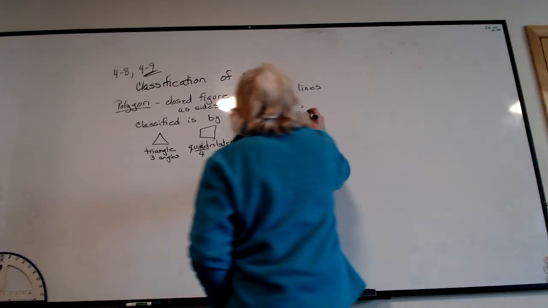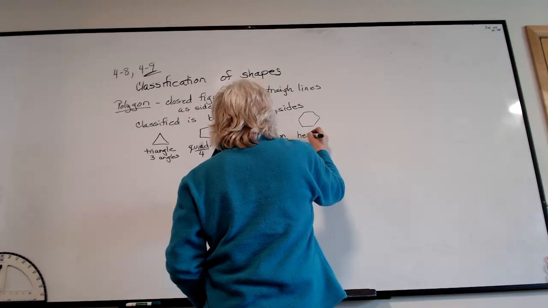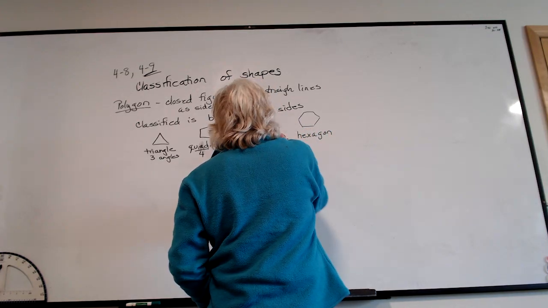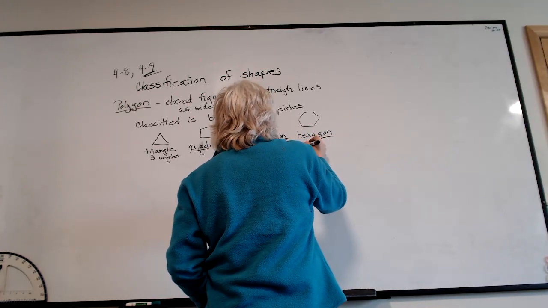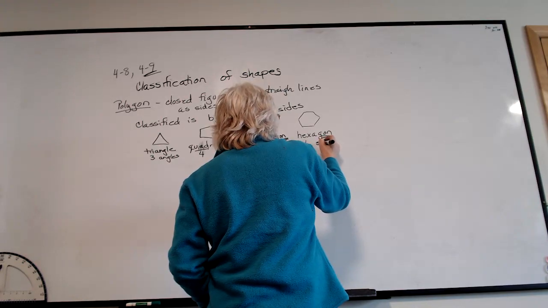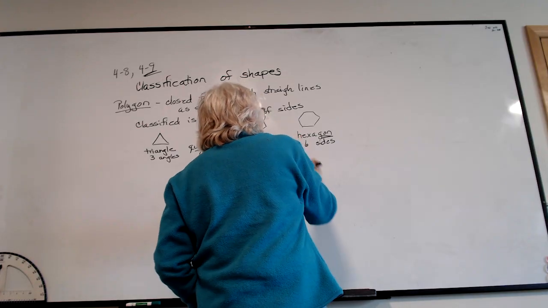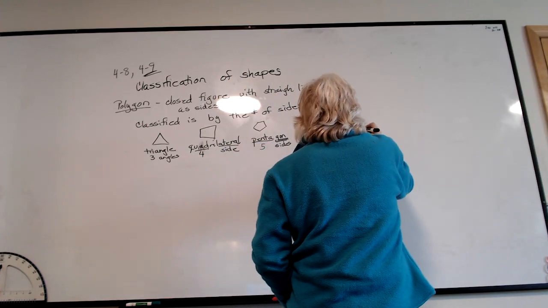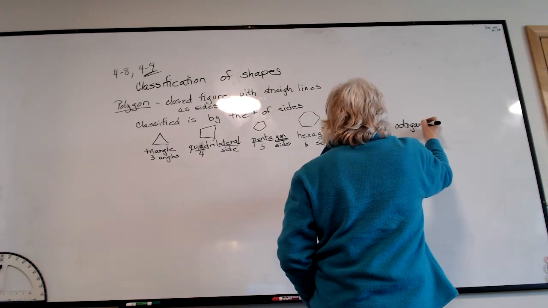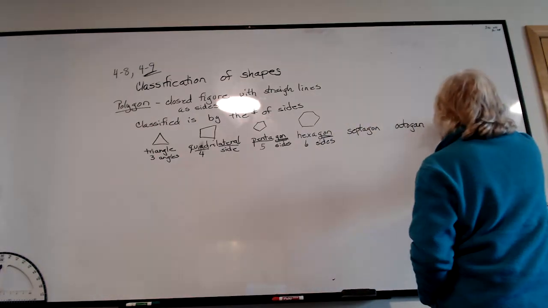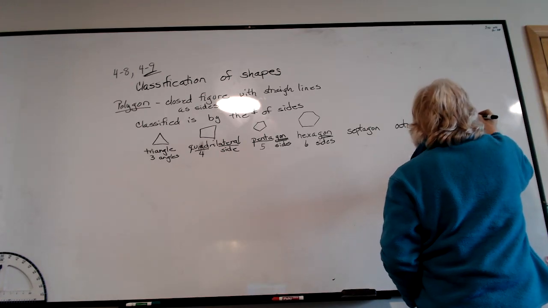The next one we see, which I can draw a little better but not too good, is a hexagon. So from pentagon on, they end with gon. This is 6 sides. Hexa means 6. There's a septagon, an octagon, a nonagon, I'm not sure how you call that, and a decagon.